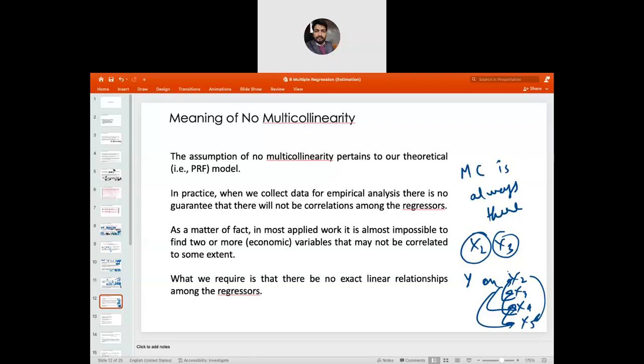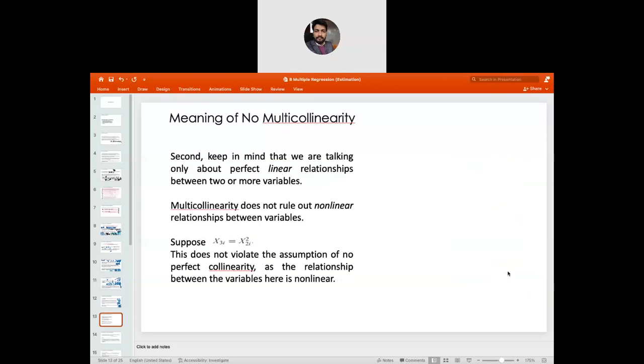So there is no guarantee that there will not be correlations among the regressors, right? So when this is so, how to go about it, we will talk about this in the next chapter. But here we are just trying to understand the meaning, right?